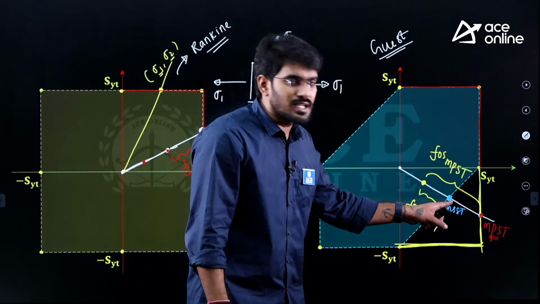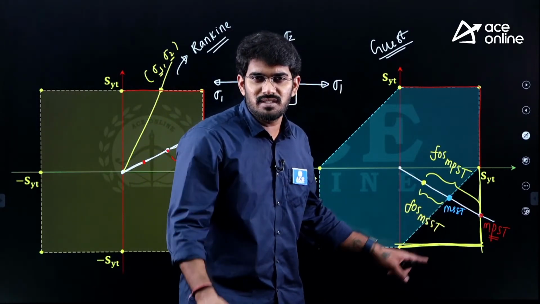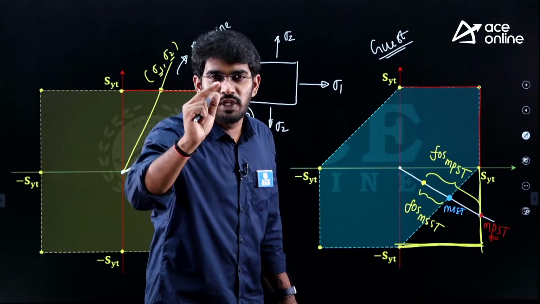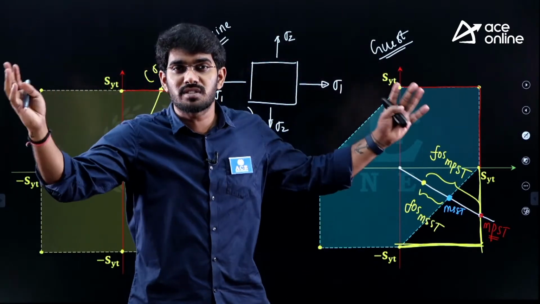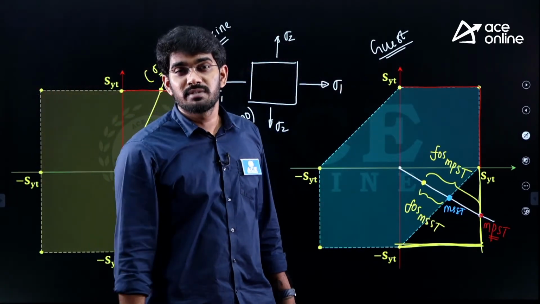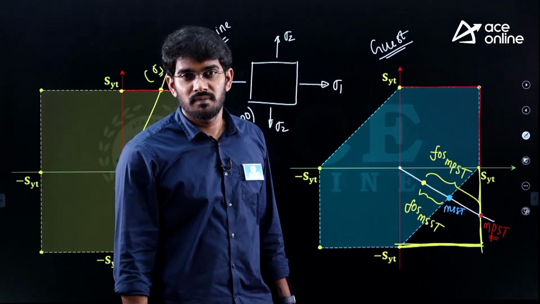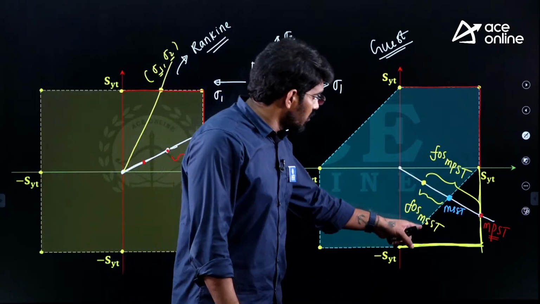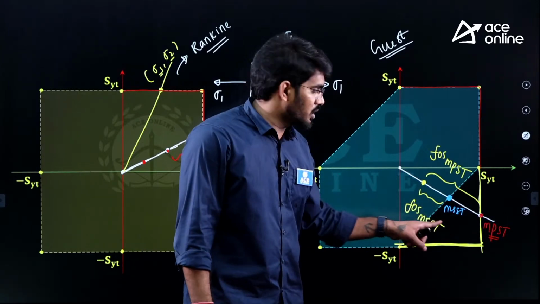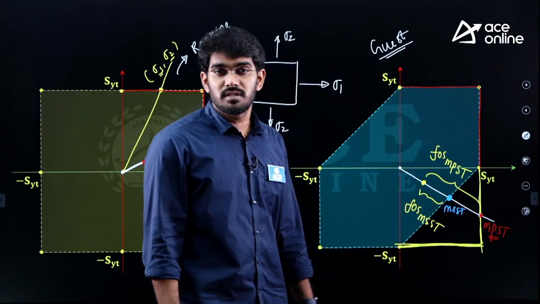As maximum shear stress theory is considering lesser failure stress, that theory is more safer compared to maximum principal stress theory. Which means among these two, the safest theory is maximum shear stress theory.